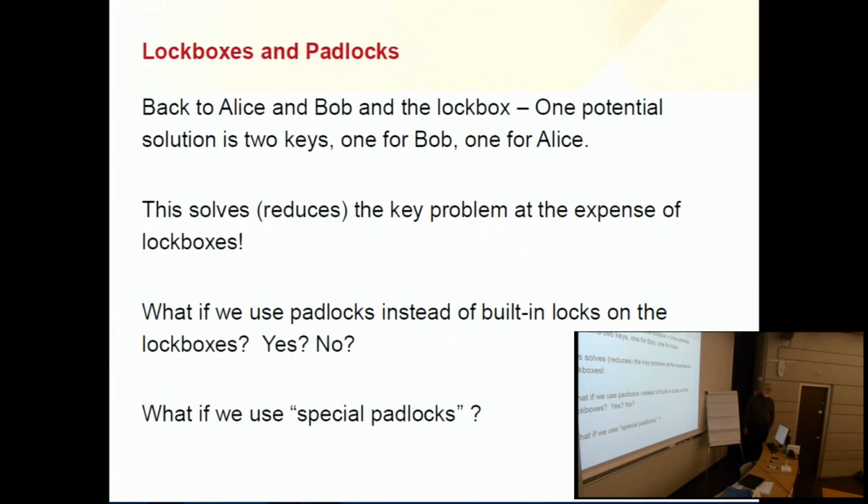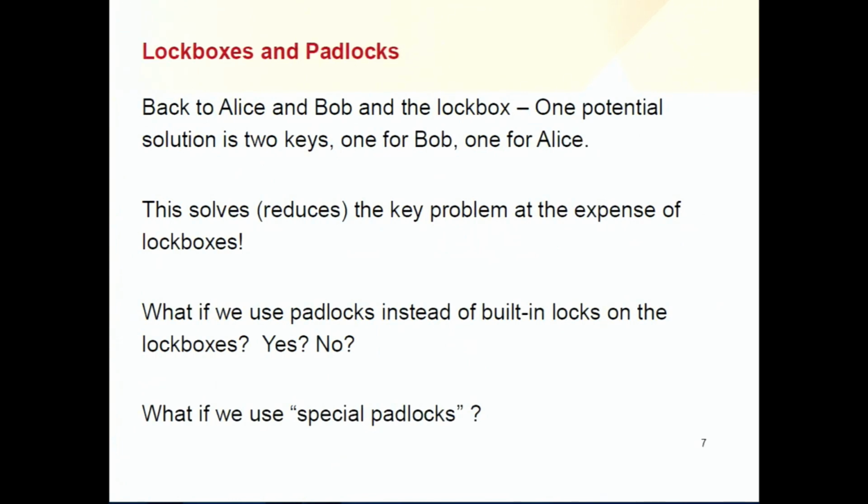So now back to Alice and Bob and the lockbox. So how do we do this? We have 2 keys, one for Bob, one for Alice. They have different keys. So now, the lockbox has sort of 2 openings on it.